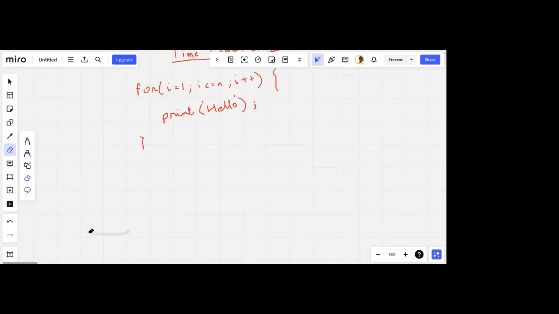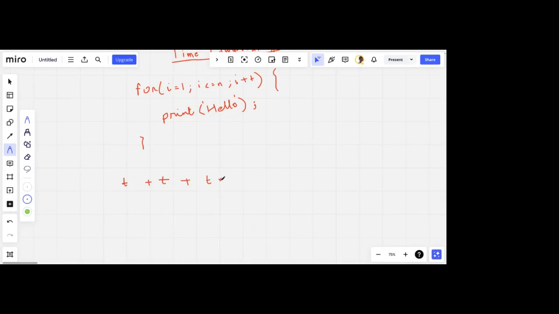So in this case, what are those statements? There will be this i equal to 1, this initialization. So let's say it takes t unit of time. Okay, then there will be this comparison. This will also take t unit of time. Then there will be this print statement. So this will also take t units of time. Now this print statement will be called n times.